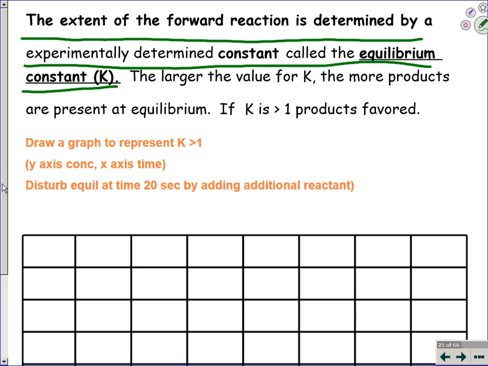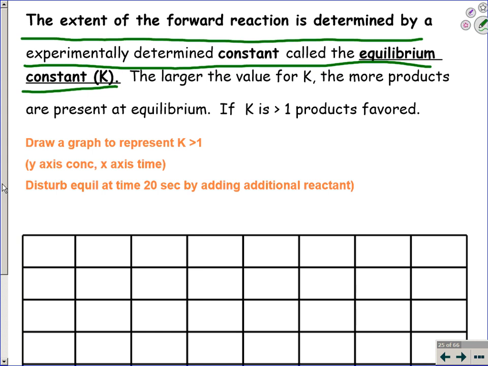So you guys can look on the board and maybe even from your web quest think that K greater than 1 represents products or what? So I'm going to say we favor the forward, which means we're making products, right? The forward reaction is making products. So then vice versa, K value less than 1 would show which direction is favored.